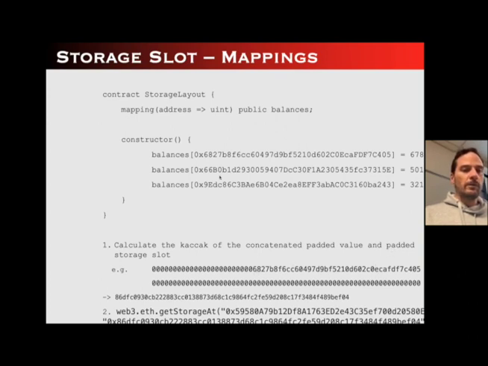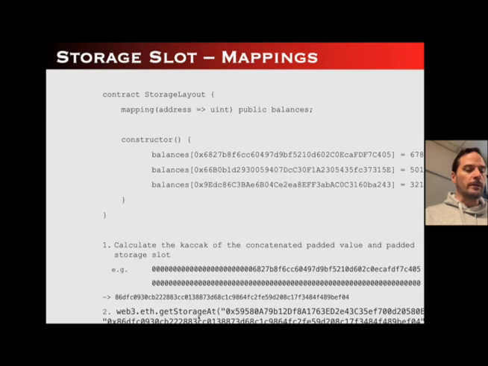And the value that you want to look up is, let's say, the first address, right? So we pad everything with zeros to the left, right? Same with the storage slot, which is the storage slot of the balance mapping. And that gives us a hash.